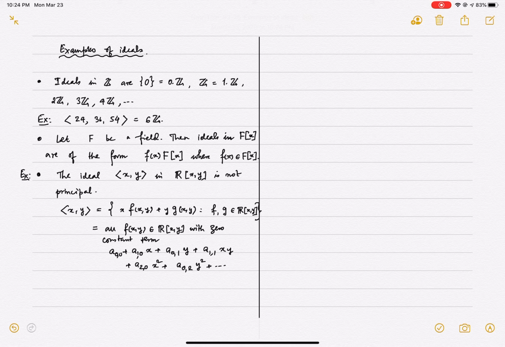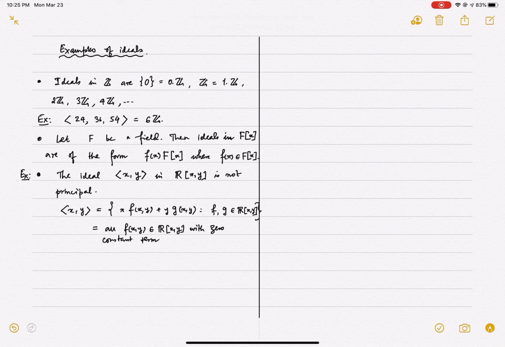But as long as the constant term is 0, you're going to have either an x or a y in every term. So you can take the x terms and factor out an x, and from the rest you can factor out a y. So all such things would be in this ideal, and the ideal consists of all such things.